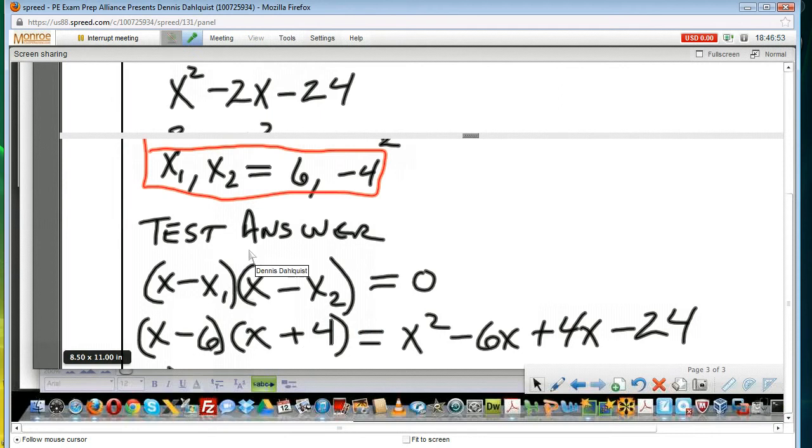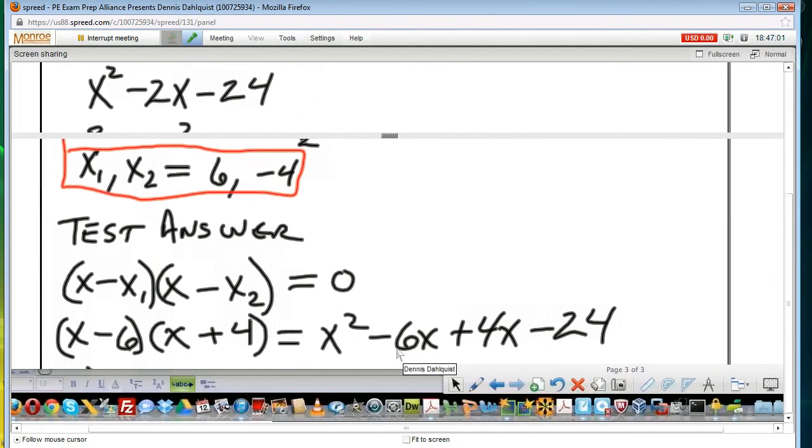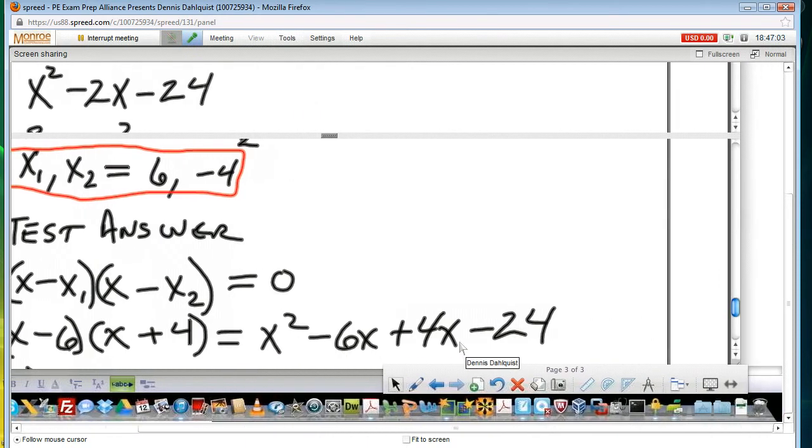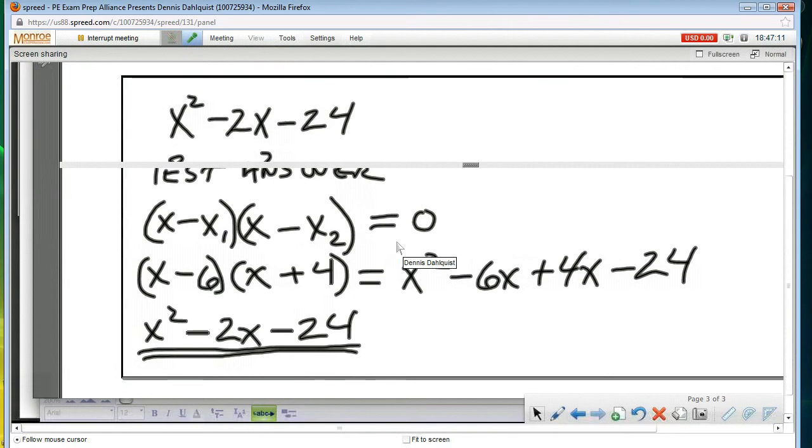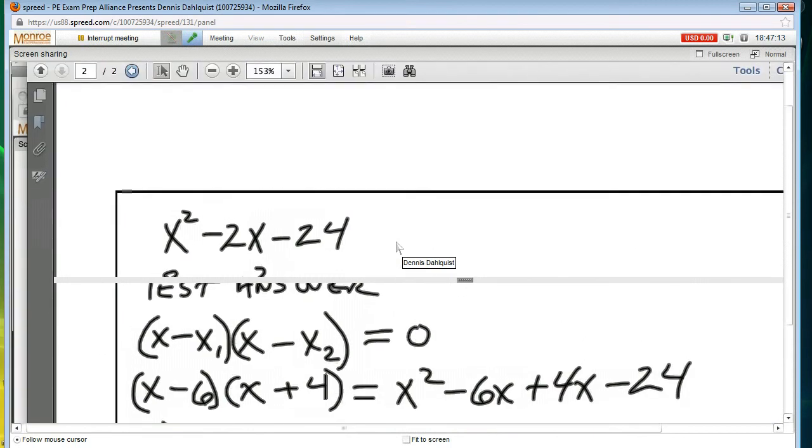And with a +6, a -6, we'd end up with 0. So now we just cross multiply these out. We end up with x squared minus 6x plus 4x minus 24. Reducing that again, we find that we have our original equation, so our answers check out.